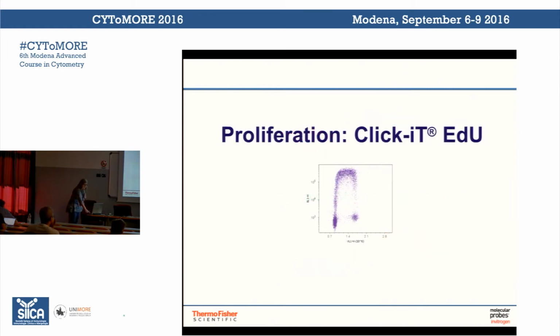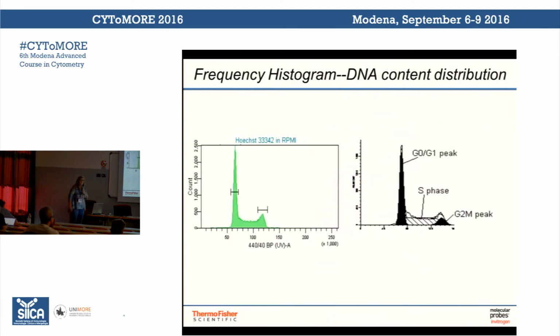And the first is a proliferation assay using the Click-iT EdU. And of course, this is a DNA content histogram. With a software deconvolution, you can really see that there are these overlapping phases with the S phase in the middle.